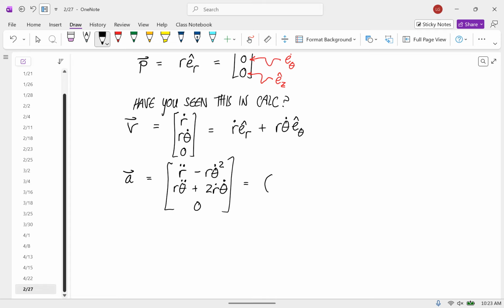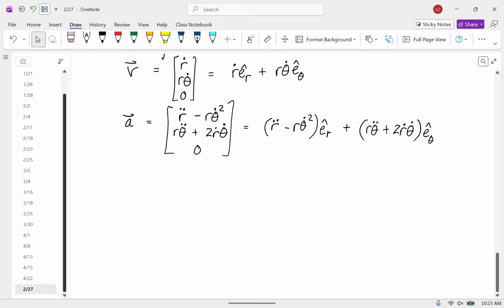And you can write this as the quantity r double dot minus r theta dot squared in the ER direction plus the quantity r theta double dot plus 2 r dot theta dot in the E theta direction. And they gave us that and made us do calculations, and it's pretty easy to do the calculations, but it's harder to understand what's going on.